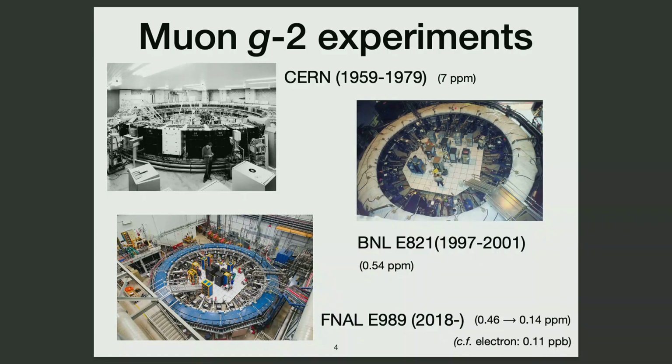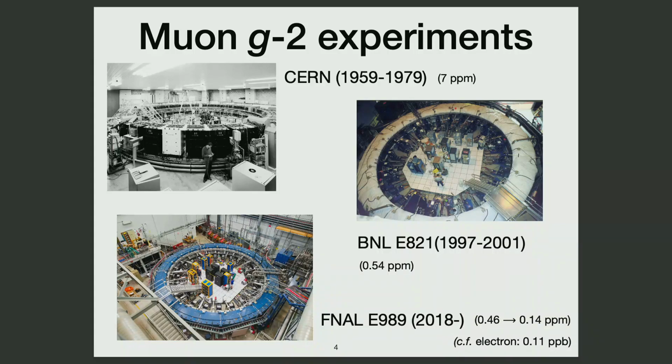And then the experiment moved across the Atlantic to Brookhaven, and at the end of the last century, just the beginning of this century, they got down to 0.54 parts per million, more than an order of magnitude improvement.